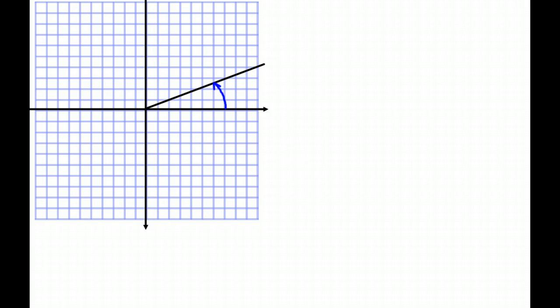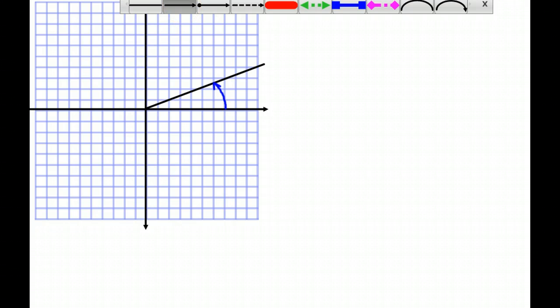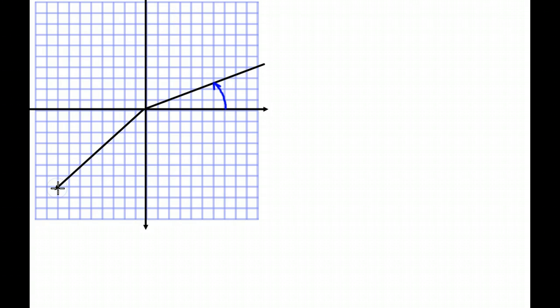If my line was over here, the angle that I'm looking at is this angle. It's not this angle, not this angle, it's just this one right there. So we're looking at angles that are smaller than 90 degrees. Acute angles. Yes, we're only looking at the good looking angles.